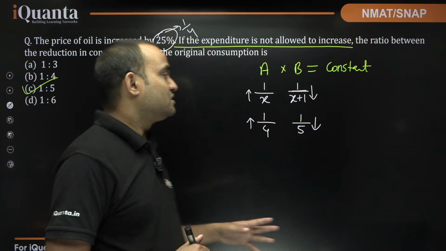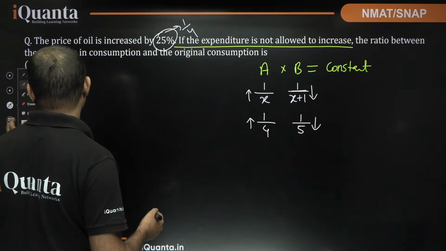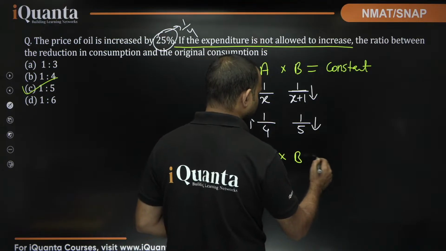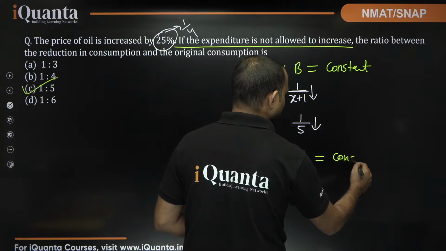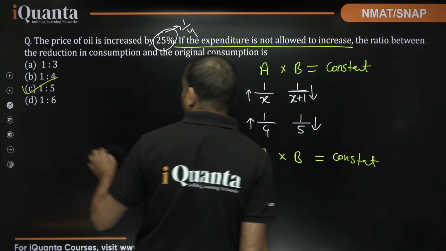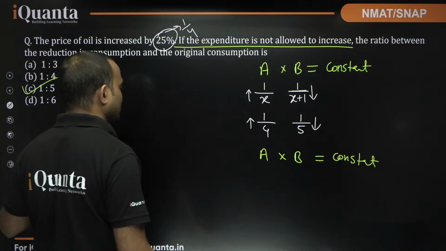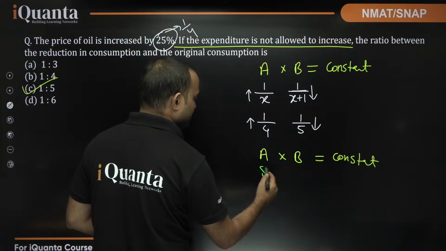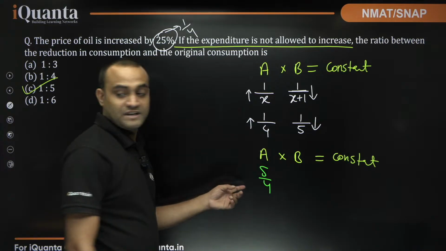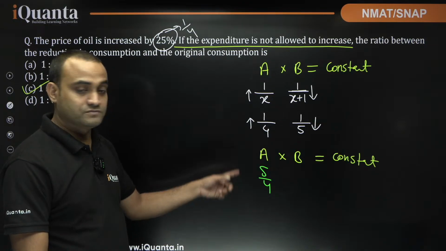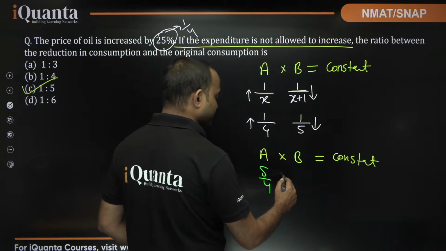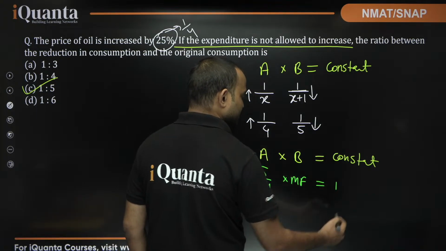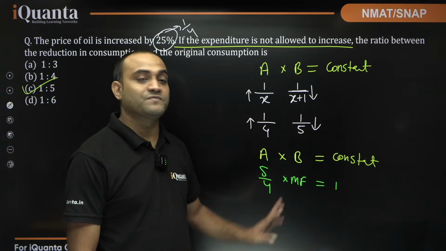Did you understand? Otherwise, you can do it like this. A into B is equal to constant. The multiplication factor for A will be 5 by 4, right. If the multiplication factor in case of B is unknown and the product is constant, the overall multiplication factor will be 1.